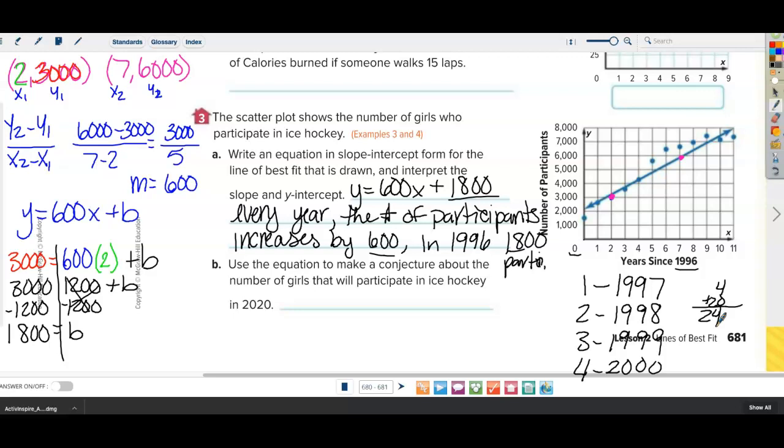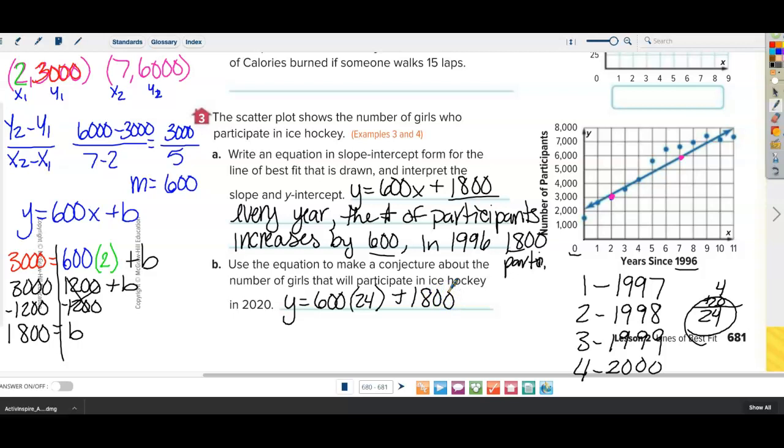So I need to use this for my x value in the equation that I wrote up above in part A. So I have y equals 600 times, I'm using my x value of 24, plus 1800. And now I just solve for y.